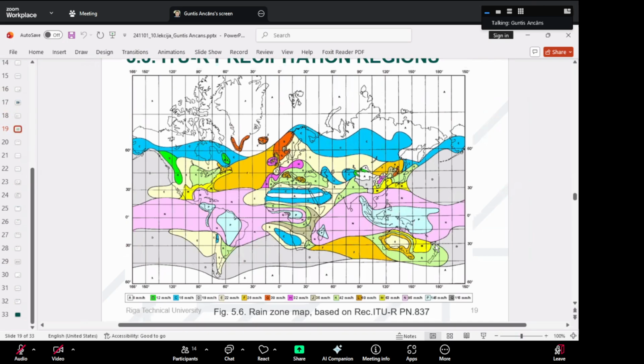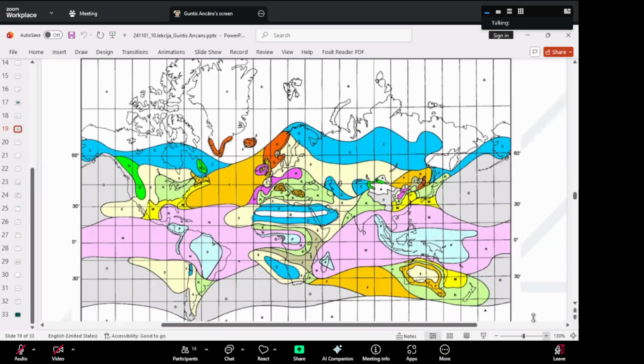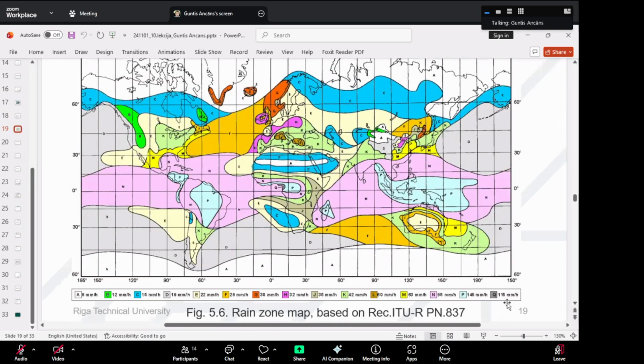In this slide the situation is given for the whole world, and we see that there are some areas with rain intensity up to 115 millimeters per hour.